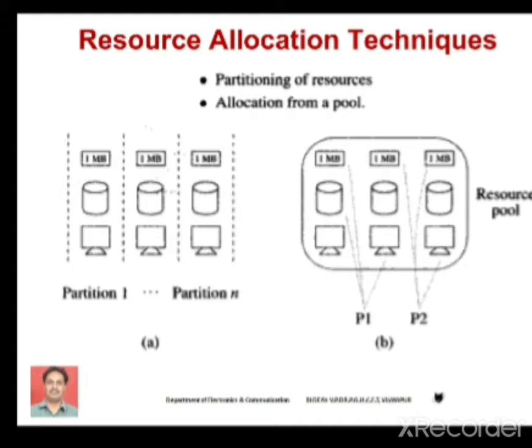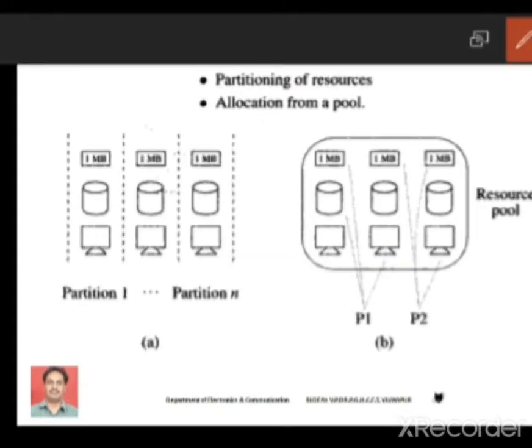As the resources are allocated as and when they are required, this technique is also known as dynamic allocation. The second example, figure B, represents the second technique, allocation from a pool. As can be observed, you have a large number of resources. These resources are allocated to the programs as and when they are required. You can observe the same thing in the diagram.